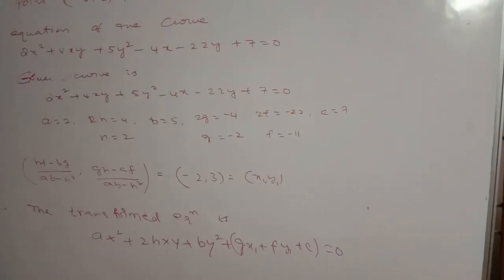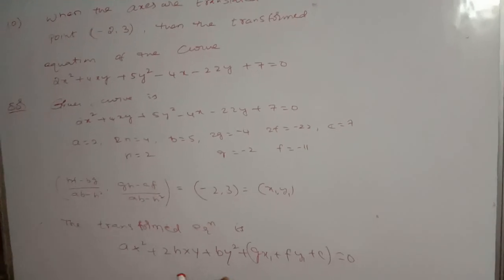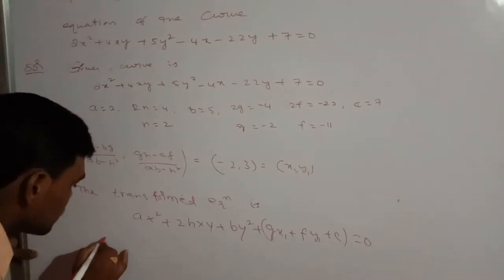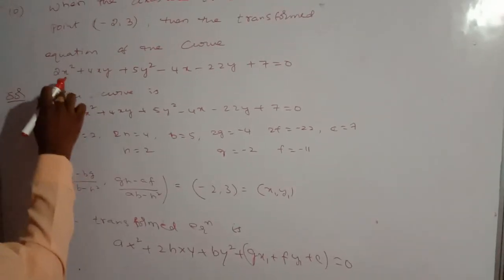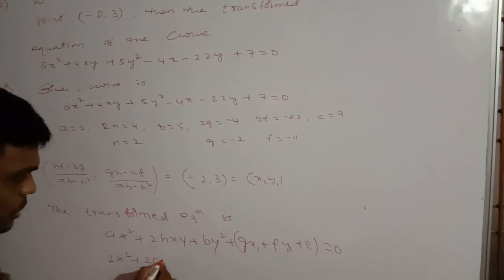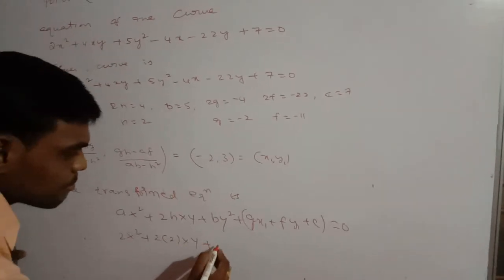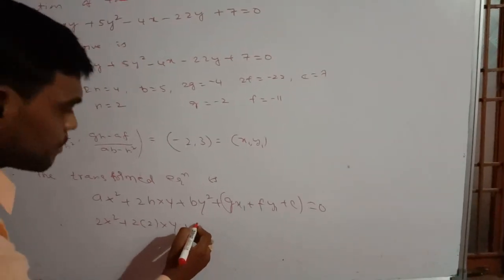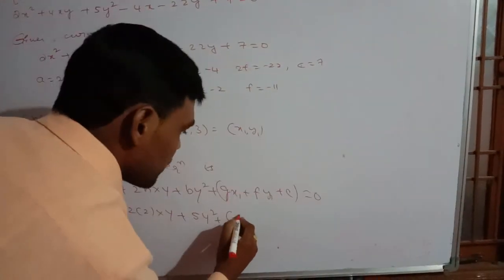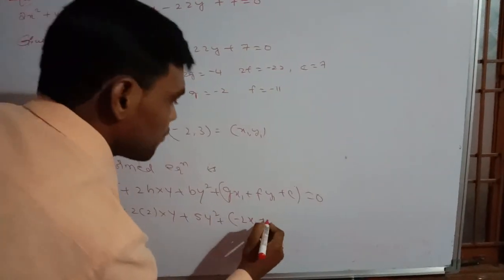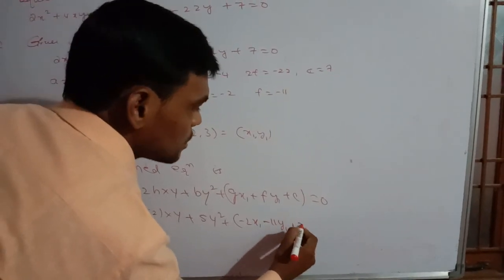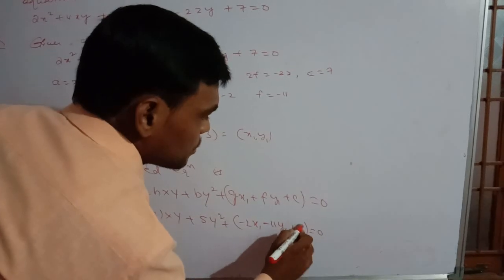That is 2X square plus 2 into h, which is 2XY, plus b, which is 5Y square, plus g, which is minus 2, x1 plus f, which is minus 11, y1 plus c, which is 7, is equal to 0.